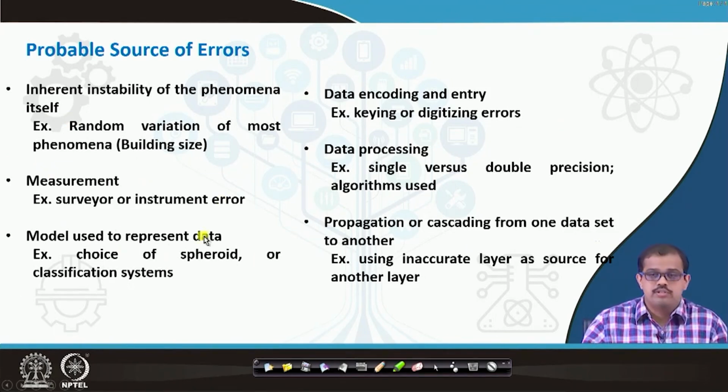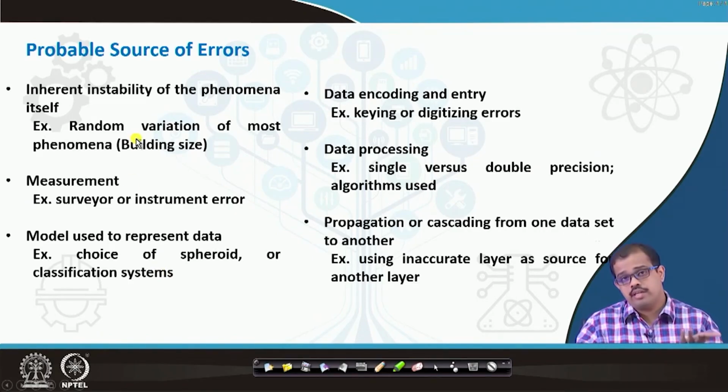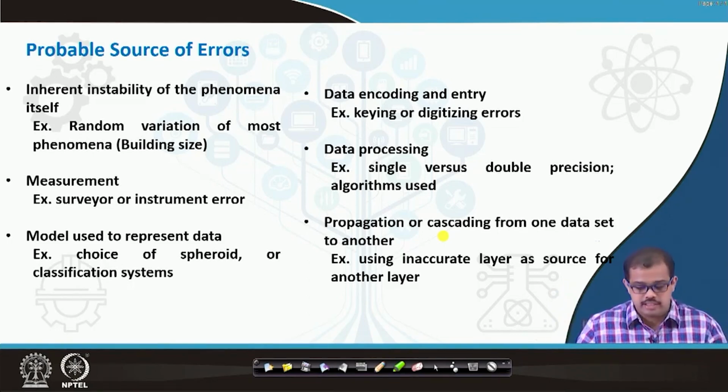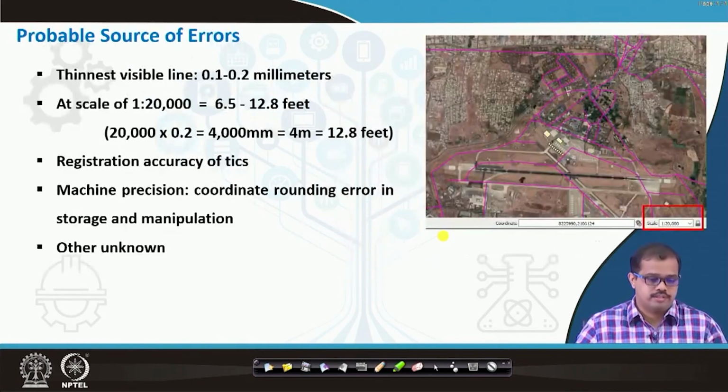Then there is the model used to represent data, which I have already spoken about: what kind of spheroid has been considered, what kind of classification system, then data encoding and data processing. Finally, you have to look at propagation or cascading of error from one data set to another. If you have an error in one data set, it propagates to all other data sets, because of which the crunchiness in the data set may increase, and that may lead to more errors.